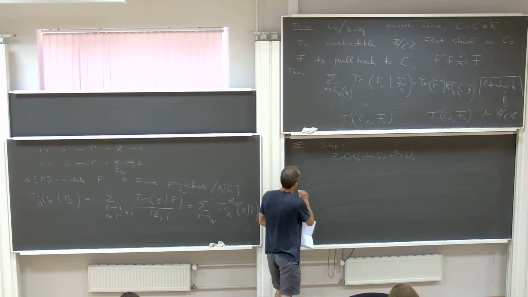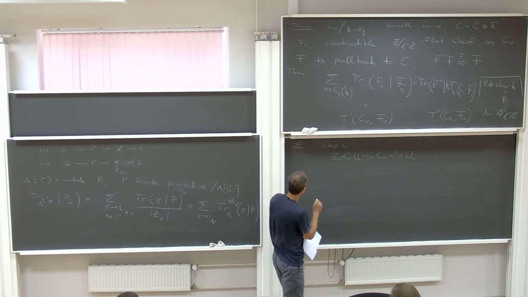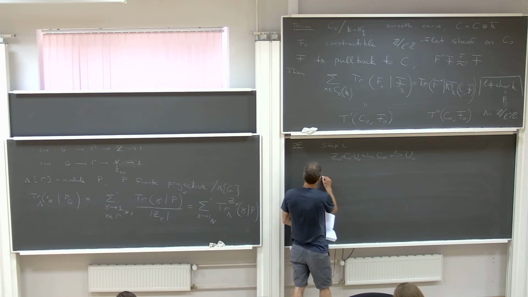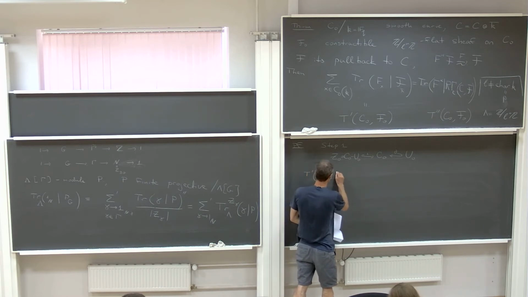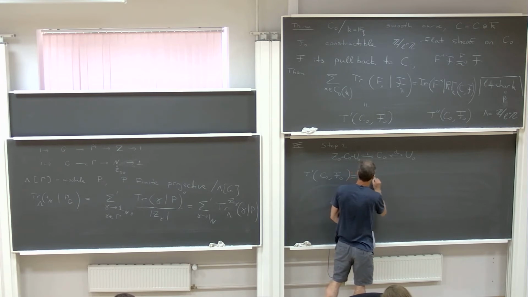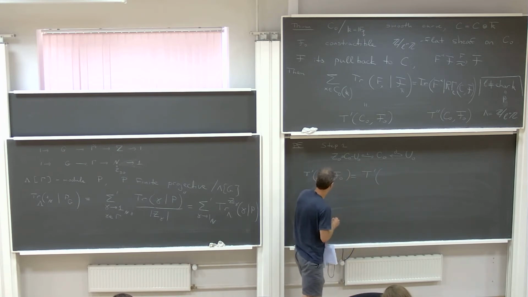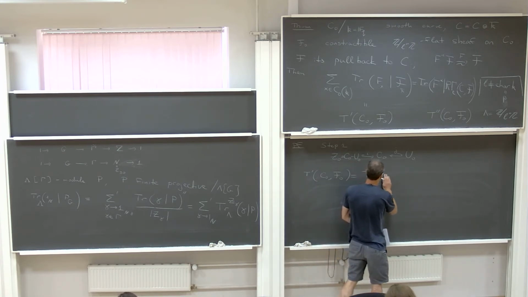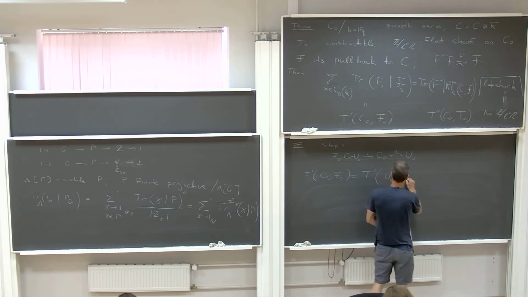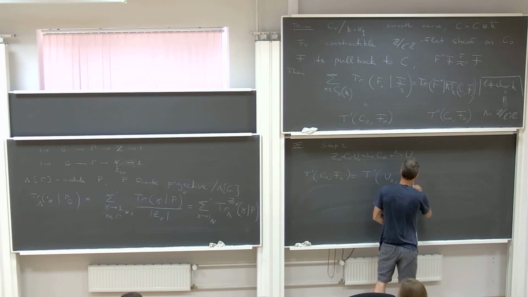Then I claim that both sides are additive. So T prime of C0 F0 is equal to T prime of U0, F0 restricted to U0.